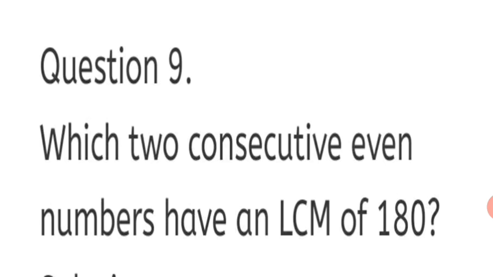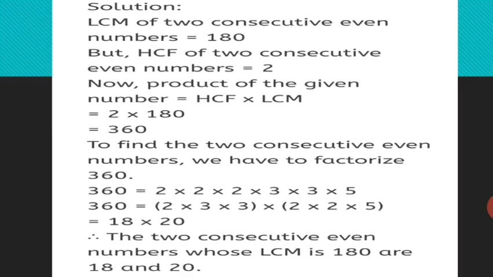Last sum, question number 9. Which two consecutive even numbers have an LCM of 180? Let's see this sum. The LCM of two consecutive even numbers we want to be 180. But we know that the HCF of two consecutive even numbers is equal to 2.